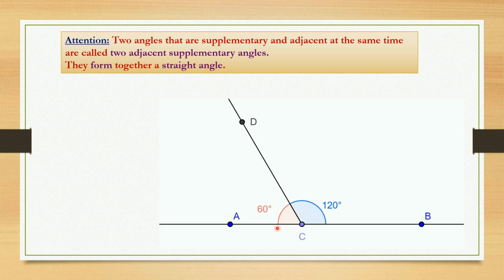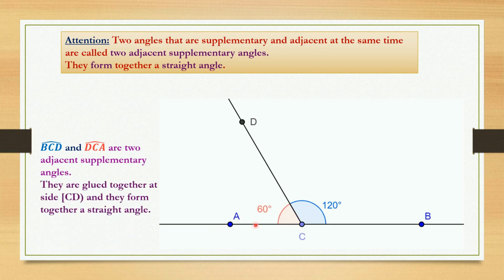So here we have different examples, like 60 degrees and 120 degrees. If we add them, it equals 180 degrees. Angles BCD and DCA are two adjacent supplementary angles. They are glued together at side CD, which is the common side, and they form together a straight angle.